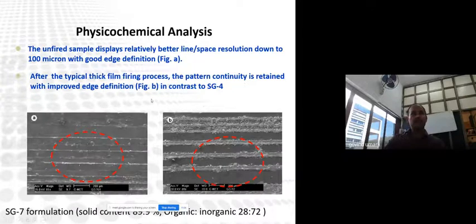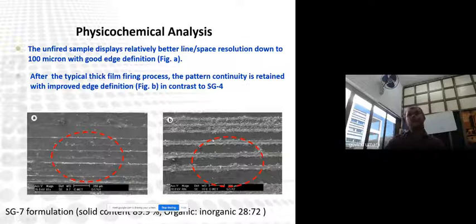In the case of SG7, we took a solid content of 89.9%. For comparison, I took two samples, SG4 and SG7, with an organic to inorganic ratio of 28:72, where we found that the unfired sample displays better line and space resolution down to 100 micron lines, with good edge definition also observed.